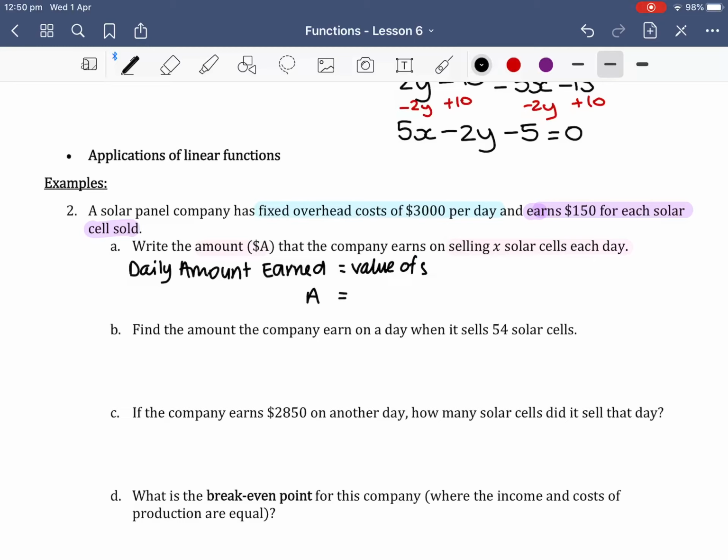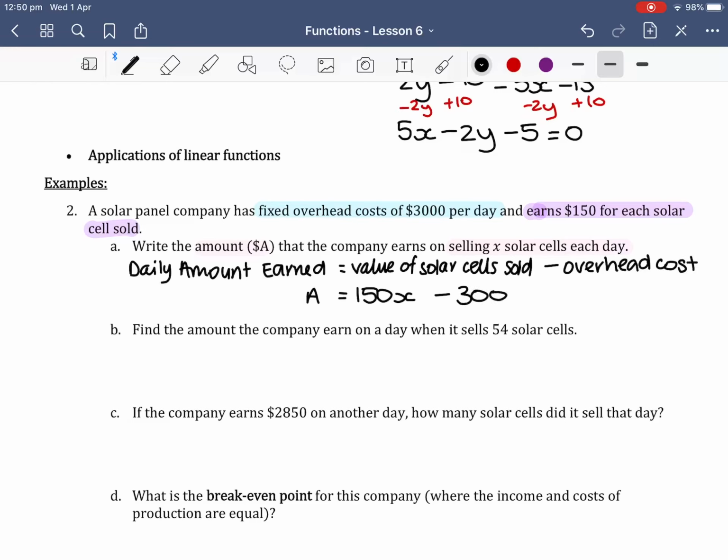So value of solar cells sold, which will be our $150 times X, minus the overhead costs. So we have overhead costs each day.